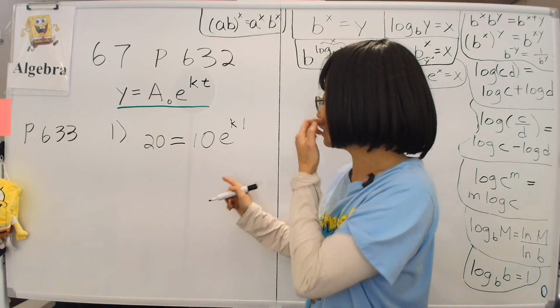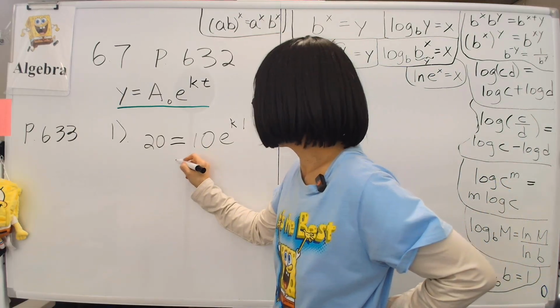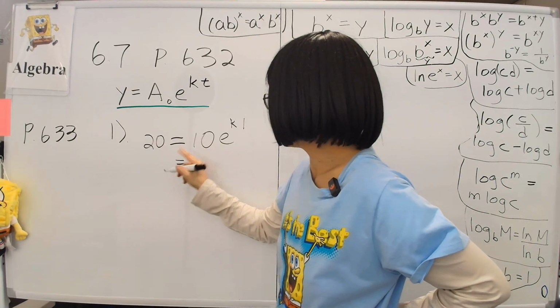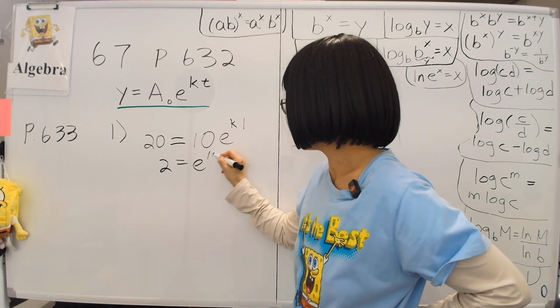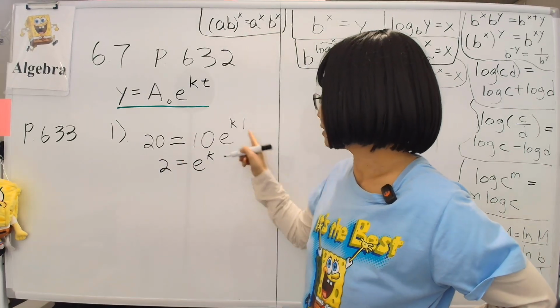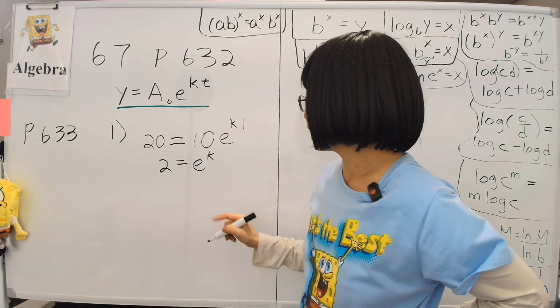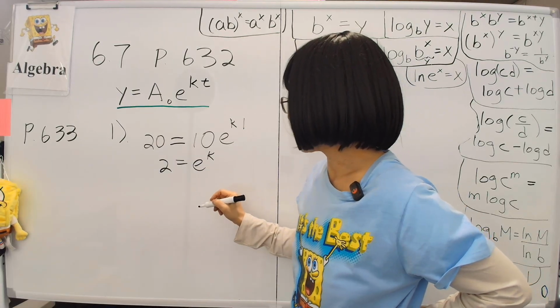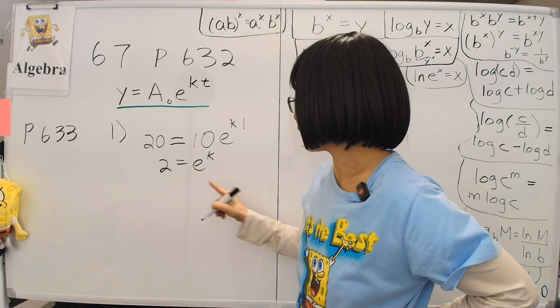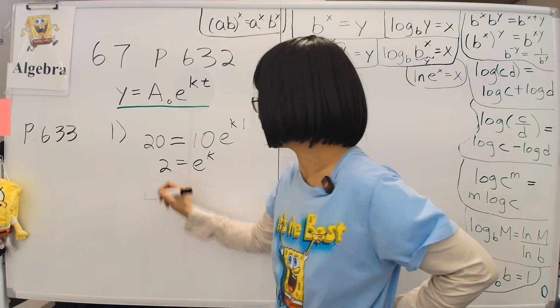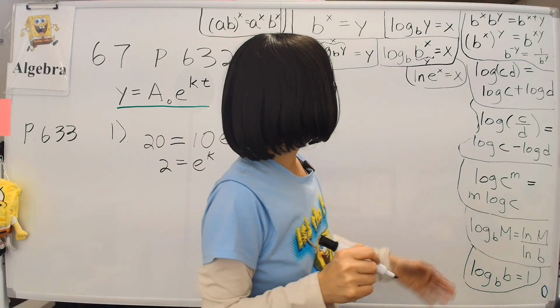So to do that, let's get rid of this 10, divide it over here. So we have 2 equals e to the power K, right? And T is just 1, so that leaves K. And then to isolate K, since there's an E here, we will take the natural log of both sides.